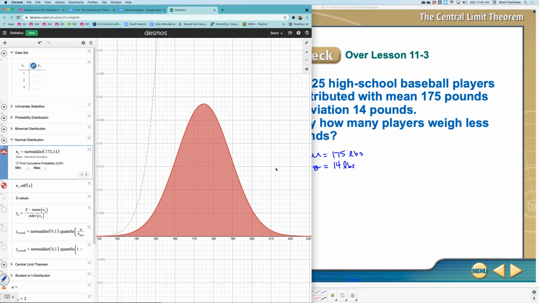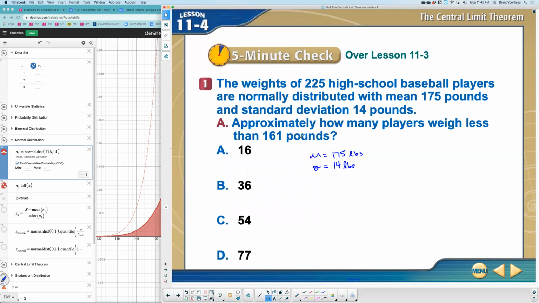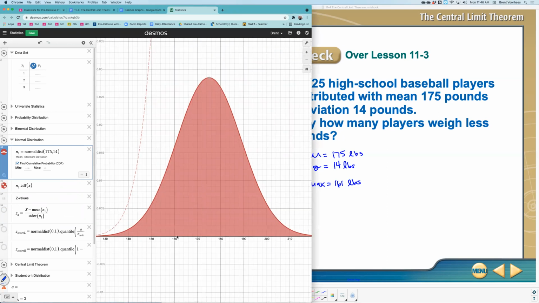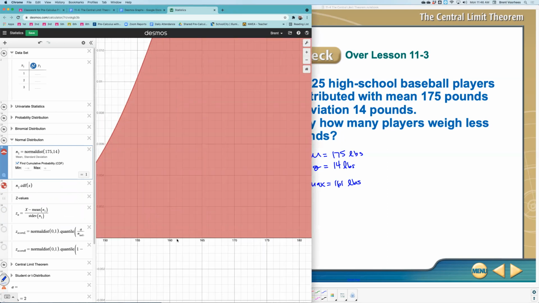side. If we're wanting to know how many players weigh less than 161, that means the maximum weight is 161 pounds. So we want to know all the values that are 161 or less. So basically everything from 160, let me scoot in a little bit, that would be 161.